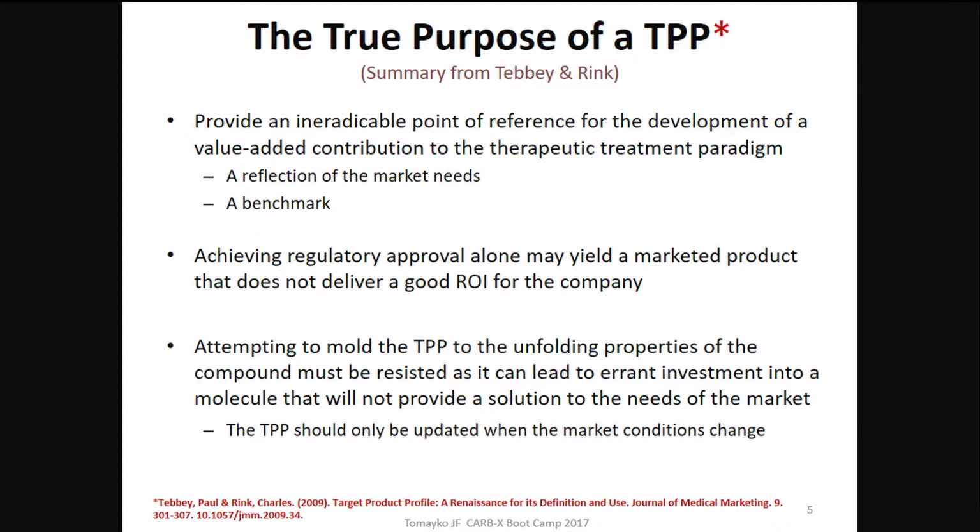And then this is pretty much all throughout many of the hits that I saw, is that there's an attempt to mold the TPP to the unfolding properties of the compound. And this must be resisted. At least this is the opinion of Tebbe and Rink, and I share it, because it could lead to errant investment into a molecule that will no longer provide a solution to the needs of the market. And my summary of that long statement is the TPP should only be updated when the market conditions change.